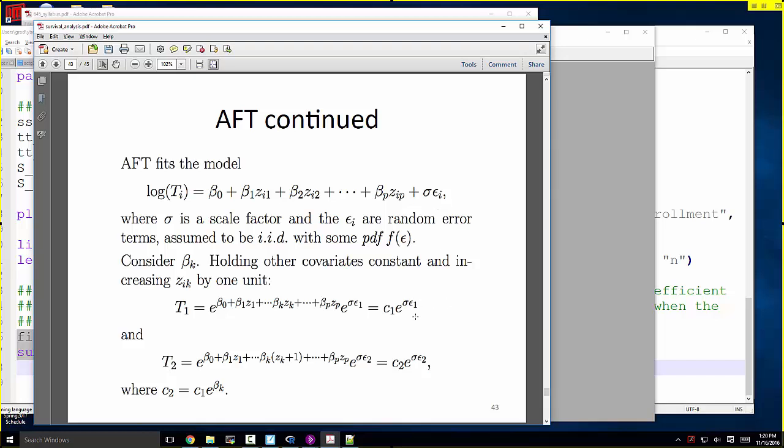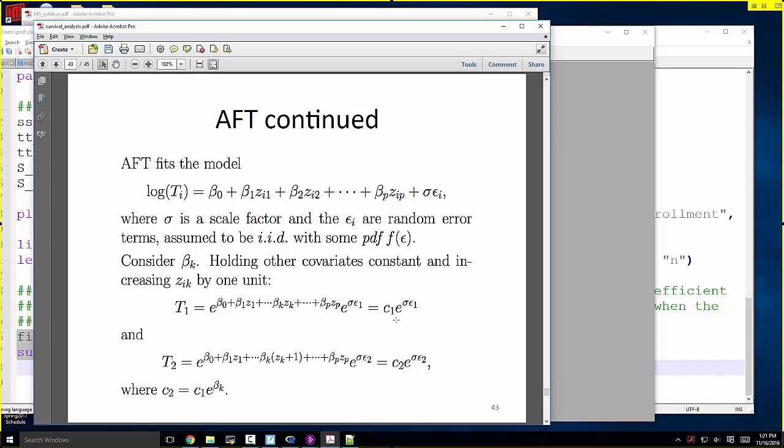So at T1, according to the model, the mean survival time would be this, and at T2, all the covariates are the same, except ZK is now ZK plus 1. What we have is that this event time is equal to e to the beta k times that event time.